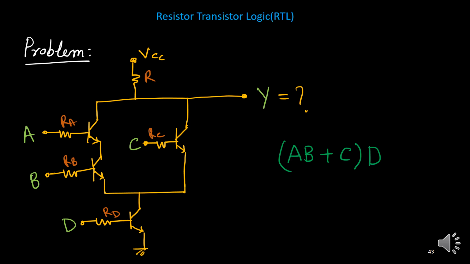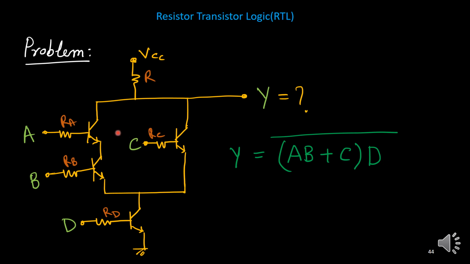At the end, we need to take the bar, because if this path is shorted somehow, either through this path or through this path, then output is going to 0. So we need to put a bar here, we'll get Y. That's simple. So Y will be the bar of (AB plus C) with the bracket and D.